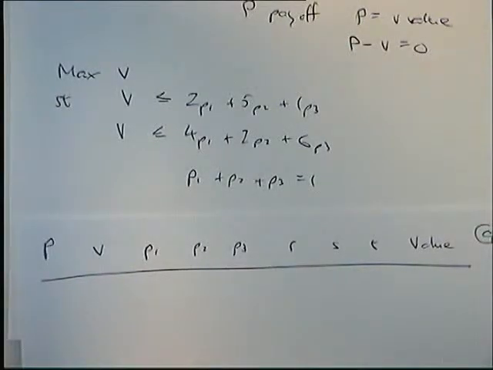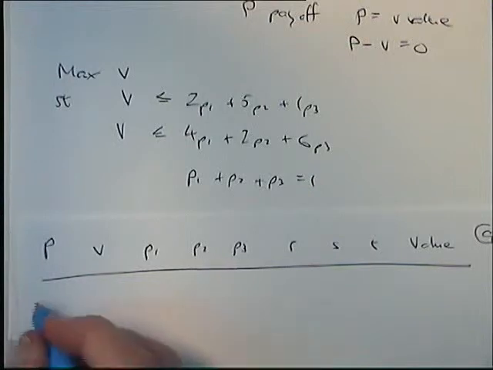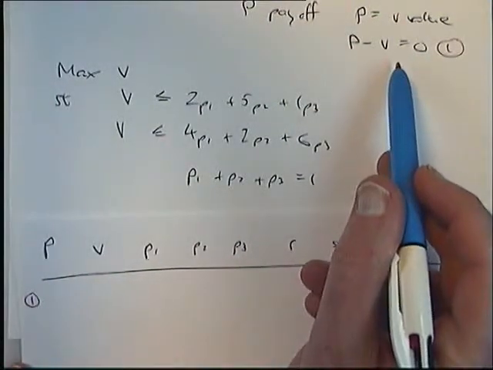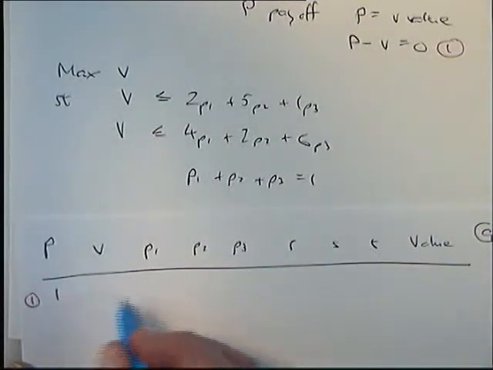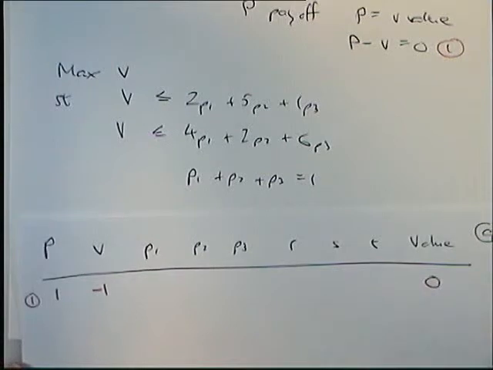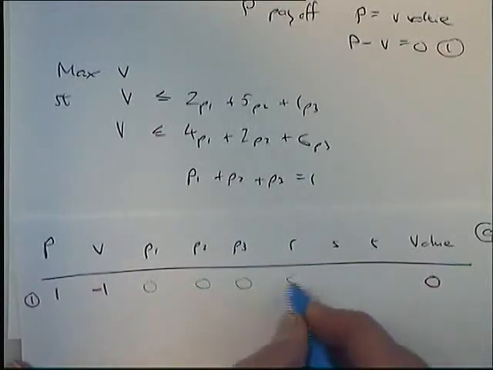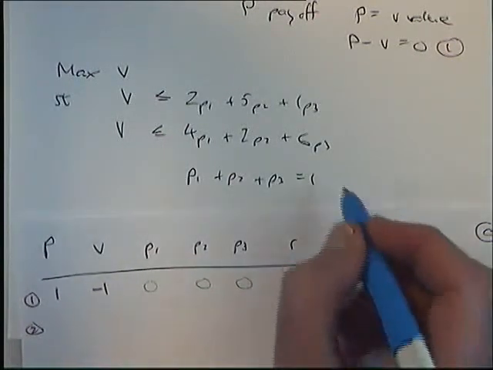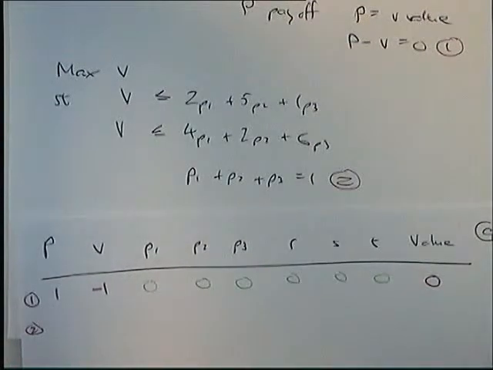Right, first off, line 1, I'll call it line 1 over here, comes from here. That P minus 1V has a value of 0. And everything else on that row are zeros. This is how your book takes it through. The second line I'm going to do here comes from this equality constraint.